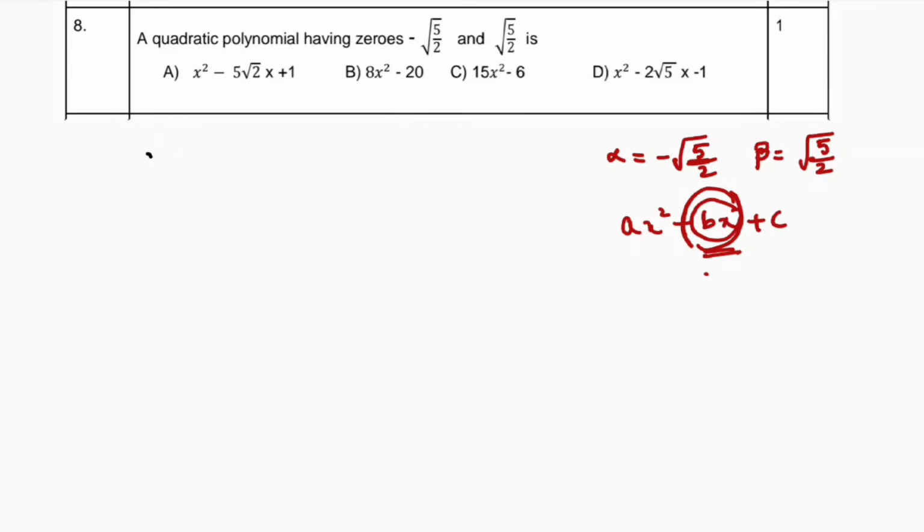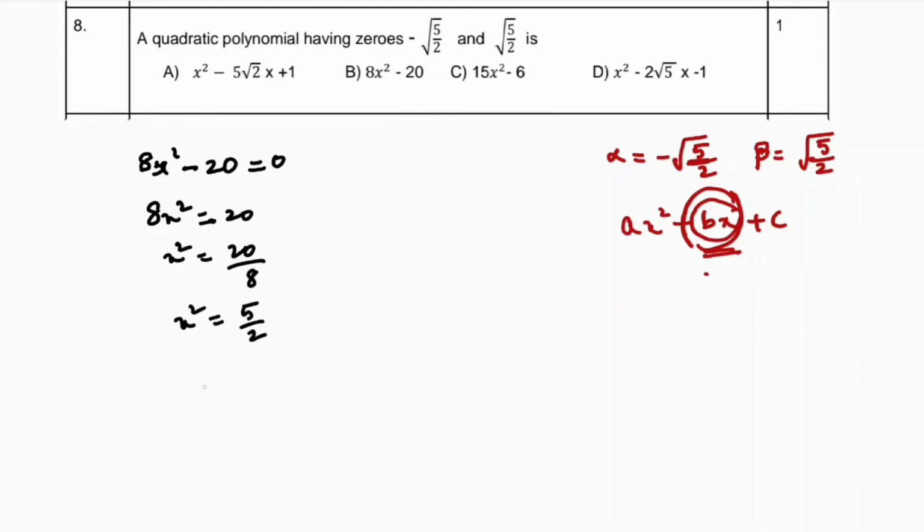So now see, if I check B and try to find the zeros of this polynomial, 8x square minus 20 equals 0. So 8x square equals 20. x square equals 20 by 8. If I cancel, x square is 5 by 2.